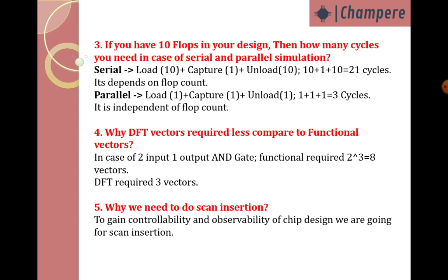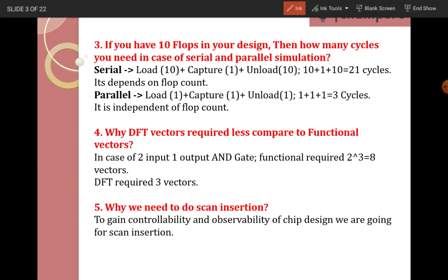Next we will see: if you have 10 flops in your design, how many cycles do you need in case of serial and parallel simulation? Sometimes they may ask this question. If 10 flops are in your design, or 100 flops, how many clock pulses are required?